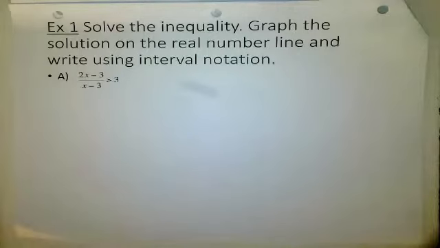Graph the solution on the real number line and write the solution using interval notation. We do the same thing we did yesterday. You can take some shortcuts. The real number line really just is our x-axis on our graph. It means the same thing. So we're just going to use our calculator because why not?